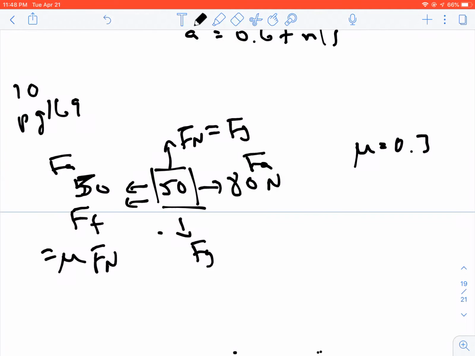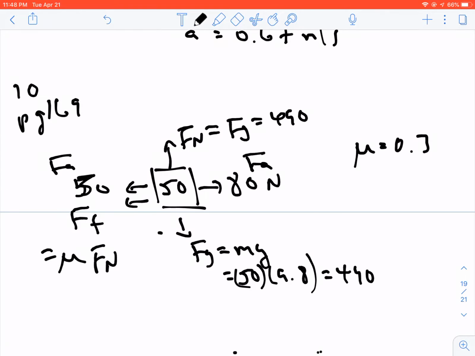To know the normal, I need to know gravity here because there's equal up and down forces, and to know gravity, I'm going to use mg. So I'm going to take my 50 kilograms times 9.8 newtons per kilogram, which gives me 490 newtons of downward force, which means the normal force now is up with 490, which means the frictional force is 0.3 times 490, and 0.3 times 490 is 147.